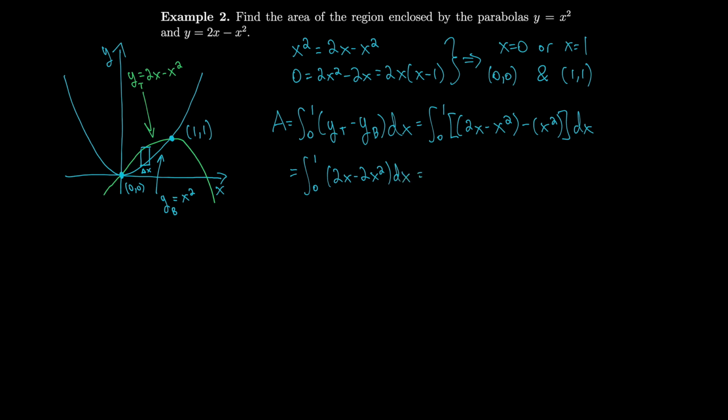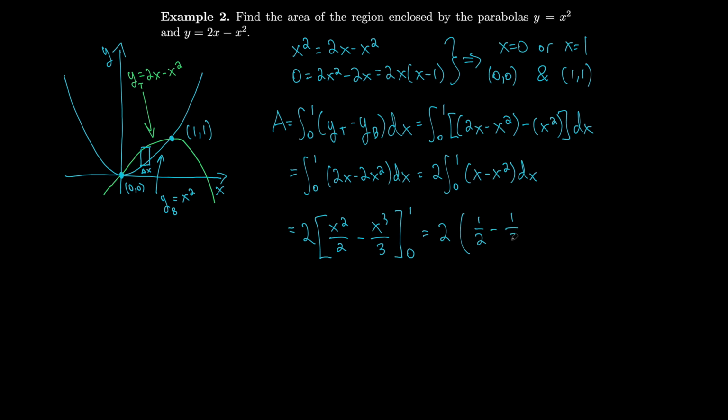And we can pull out our 2 and get x minus x squared dx. So that's 2 times the antiderivative, which is x squared over 2 minus x cubed over 3, evaluated from 0 to 1, which is 2 times a half minus a third, which is 1/3.